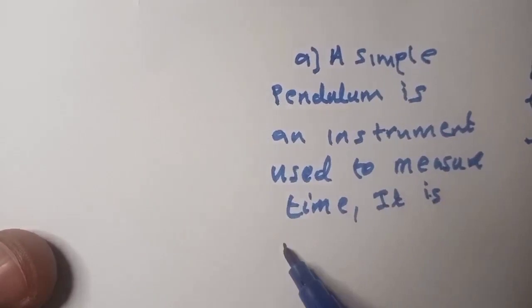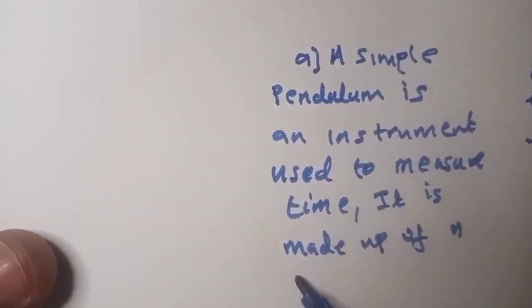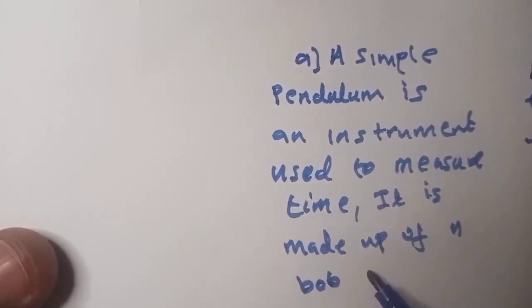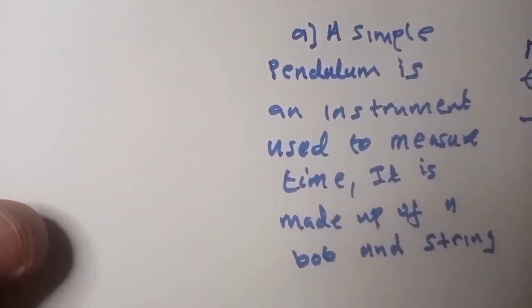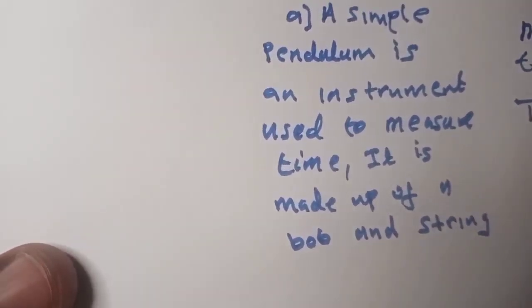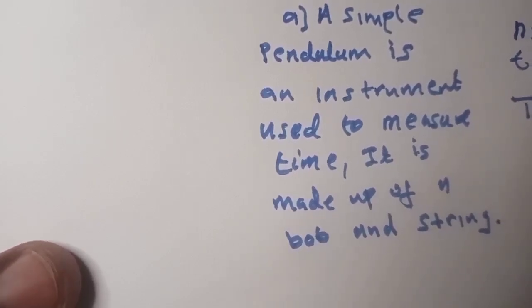It is made up of a bob and a string. So that's the definition of a simple pendulum. A simple pendulum is an instrument used to measure time, and it is made up of a bob and a string.